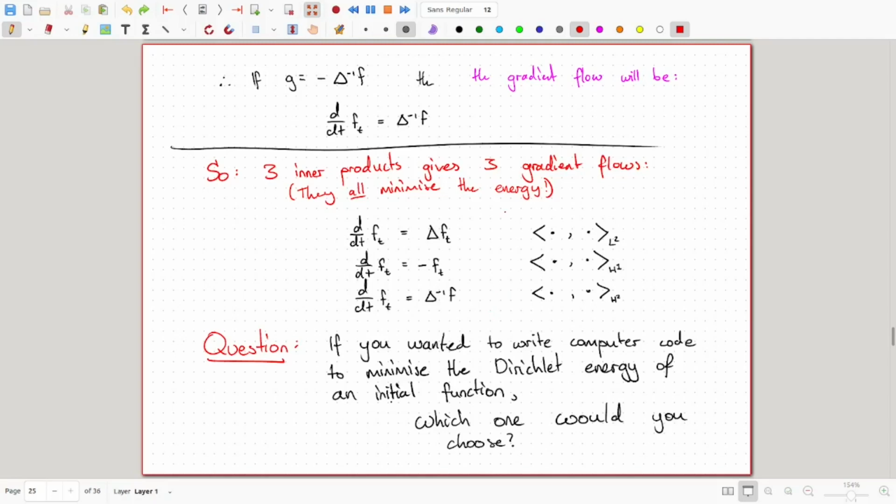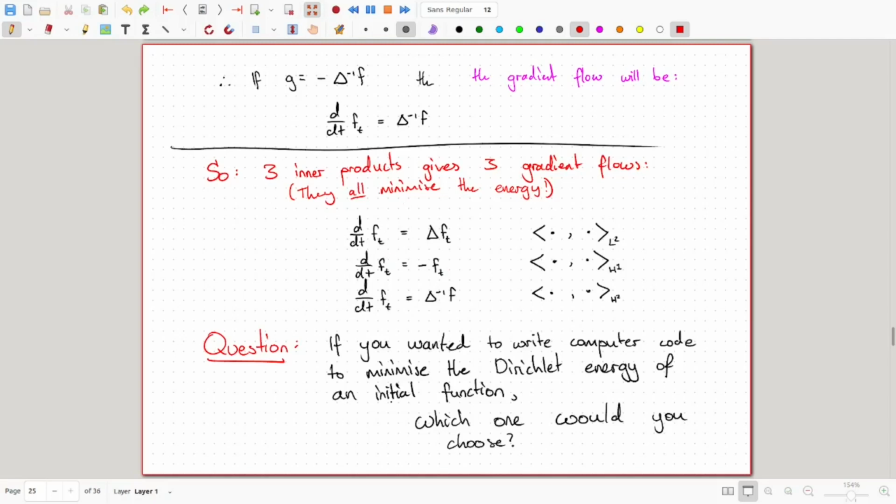Okay. So my question to you, think critically. If you wanted to actually implement this in computer code, if you actually wanted to minimize the Dirichlet energy of some function, which of these gradient flows would you choose? Which of these would spare you headaches?